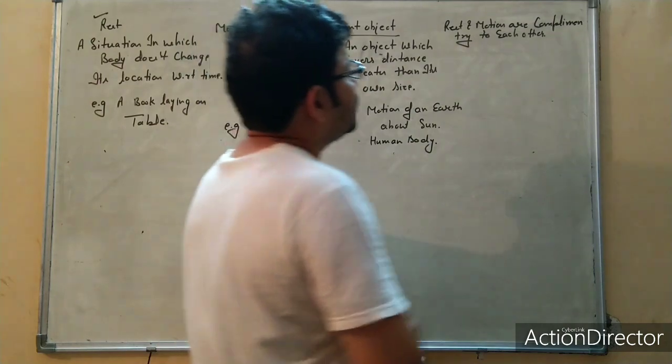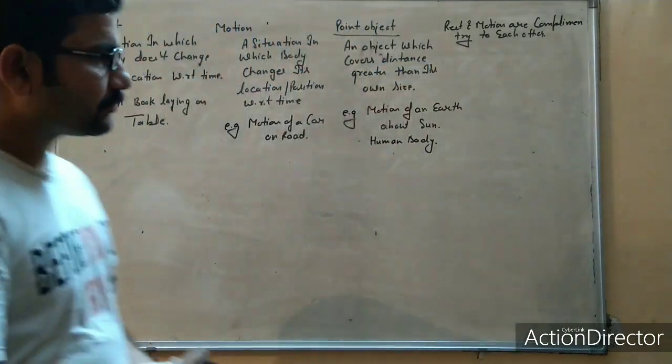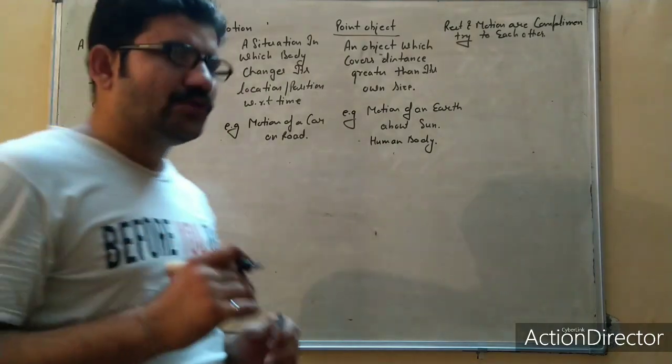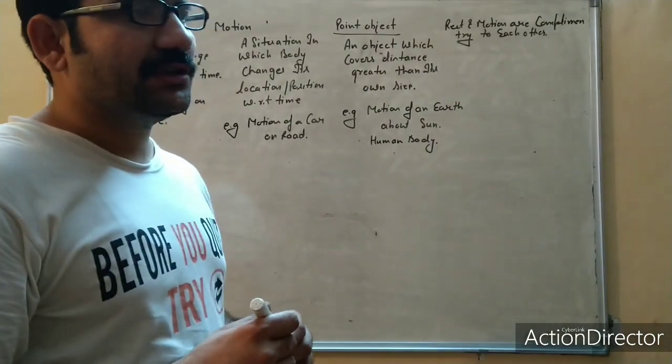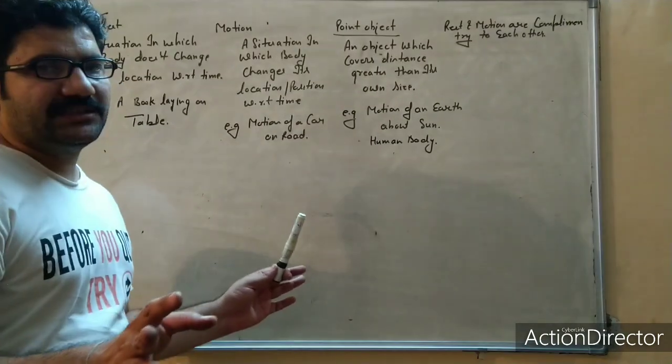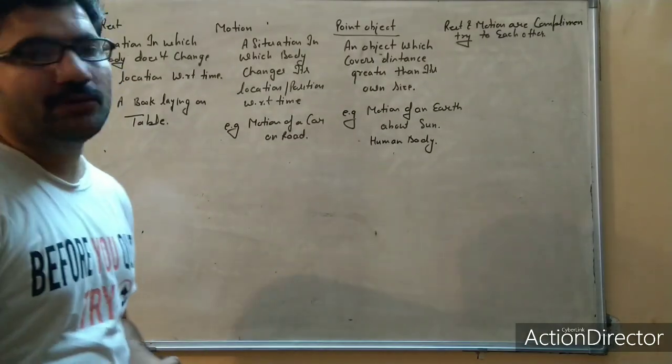Next is rest and motion are complementary. In this situation, we have to show that rest and motion take place simultaneously. They do not take place individually. Let's check it out.